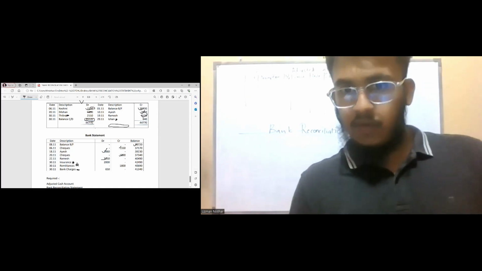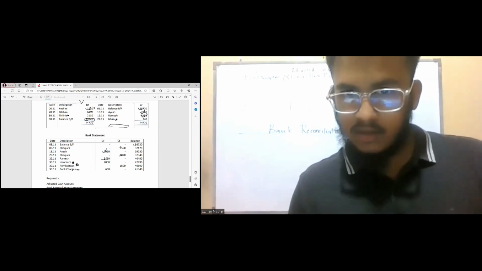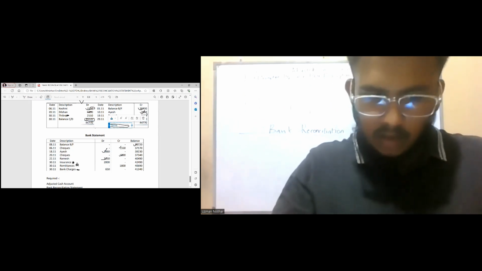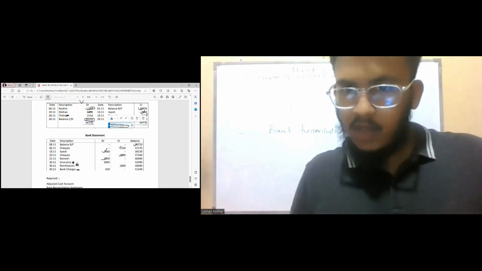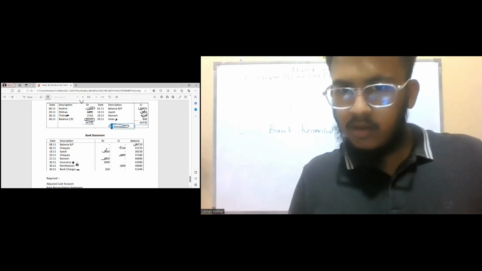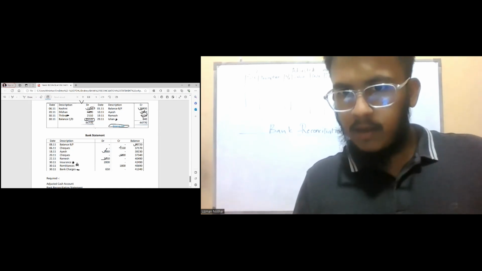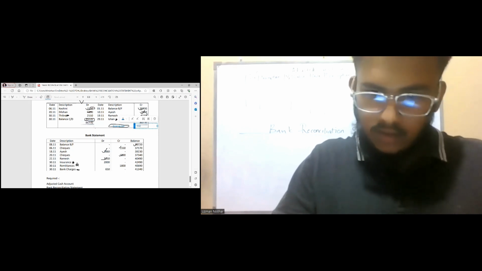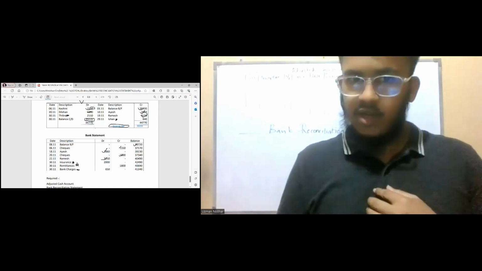So when preparing the adjusted cash account, we should take the balance brought forward. Balance brought forward, 39,220.